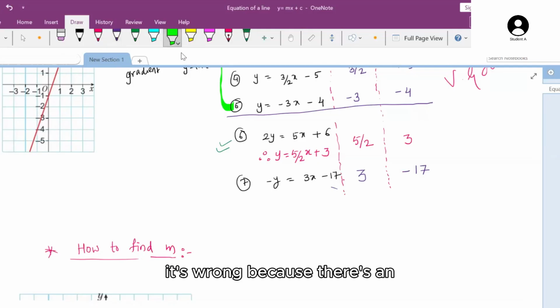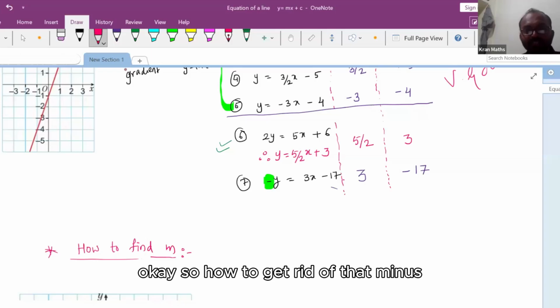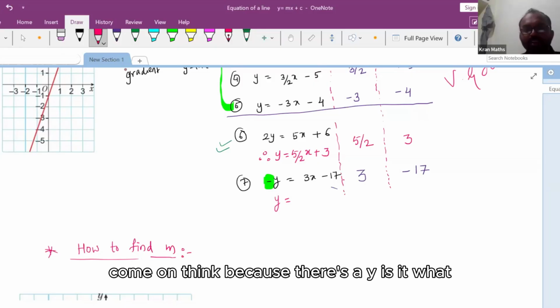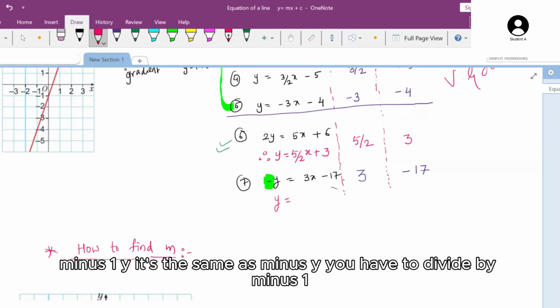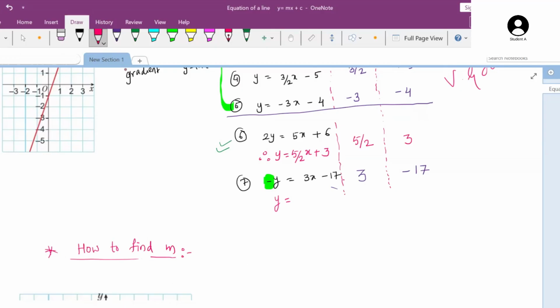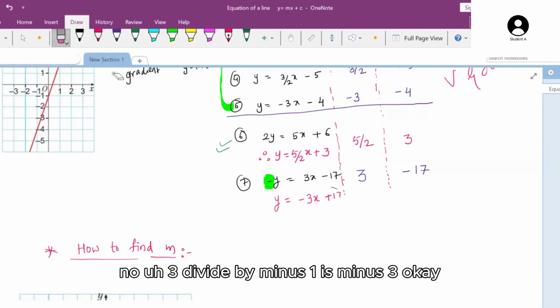It's wrong because there's a minus in front of the y, and you have to get rid of that minus. Okay, so how to get rid of that minus? Come on, think. Because y is equal to minus 1y, which is the same as minus y, you have to divide by minus 1. Okay, so let's divide everything by -1. So the gradient is 3? Wait, 3 divided by minus 1 is minus 3.